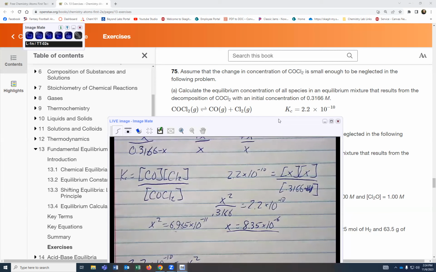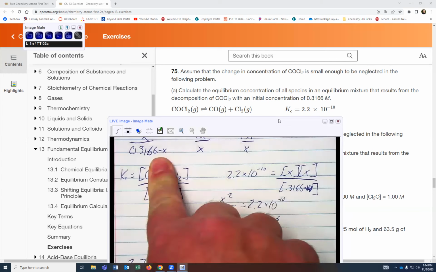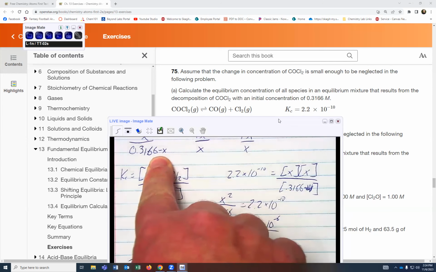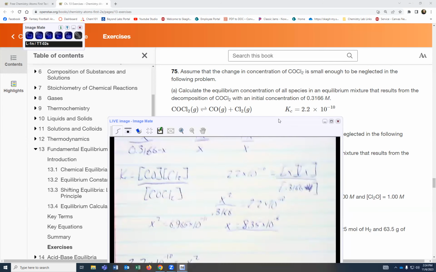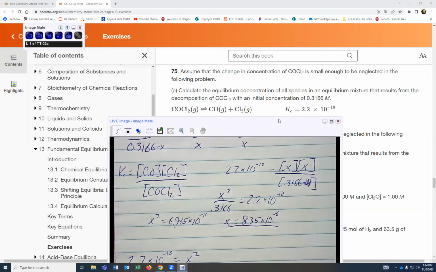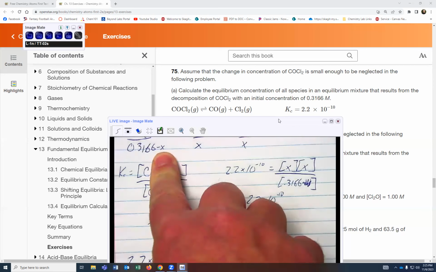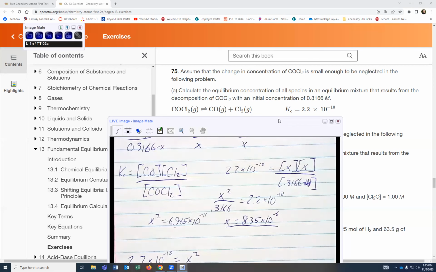But the biggest thing it could possibly be is 0.3166, right? So let's look at my window here. Right now, my biggest possible x is 0.65. So we know that x is going to be a small number anyway. Let's try a maximum x of like 0.1 and see what that does.